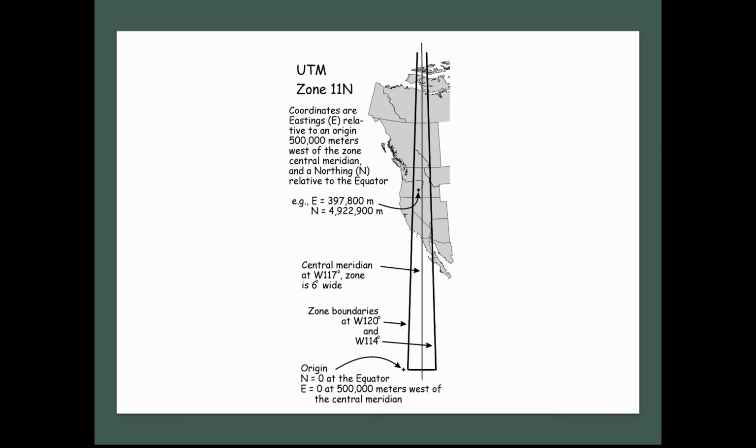Each projection is centered on the zone's central meridian and extends east and west to cover the 6-degree wide region, as in the figure shown here. Distances in the UTM system are specified in meters north and east of the zone origin. The y values increase in a northerly direction, and the x values increase in an easterly direction.